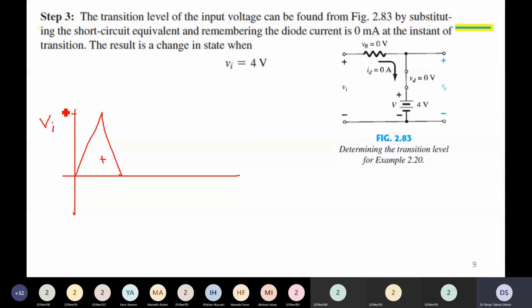We have a positive 16 volt. कितना था ये positive 16 volt. So this positive 16 volt from 0 to time T by 2 is now being available at the input.